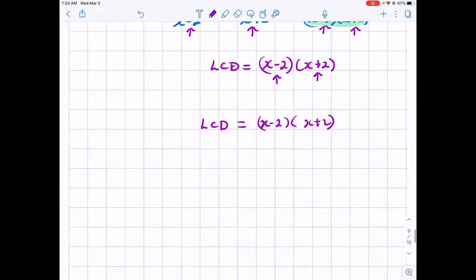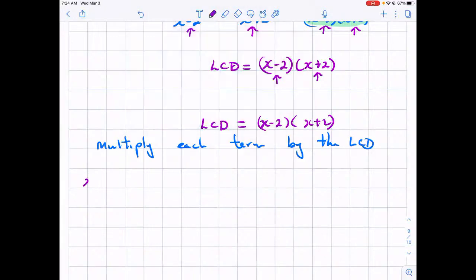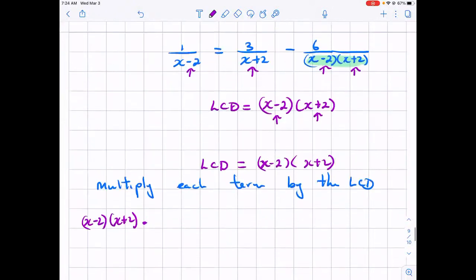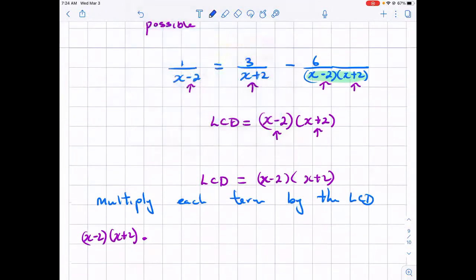Okay? And what we will do now is multiply, same as we did before, multiply each term by the LCD. So what do we have? We have x minus 2 times x plus 2, and we're going to multiply that by our first term, which is 1 over x minus 2. Okay, 1 over x minus 2.